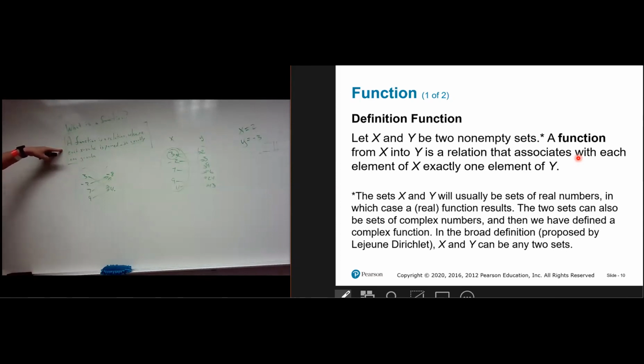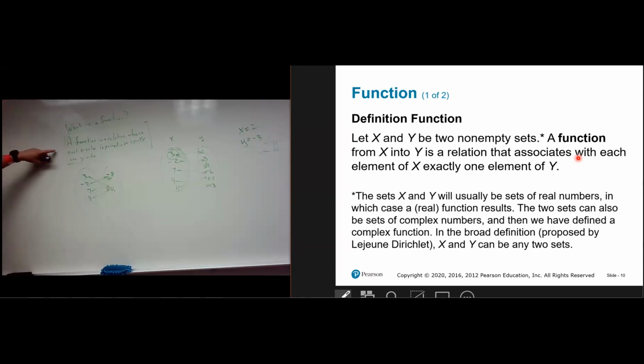What is a function? Well, a function is a relation where each x value is paired with exactly one y value. It's an important concept in mathematics, and it's a building block for calculus. A lot of things that we deal with are strictly functions. There are some things we deal with that aren't functions.